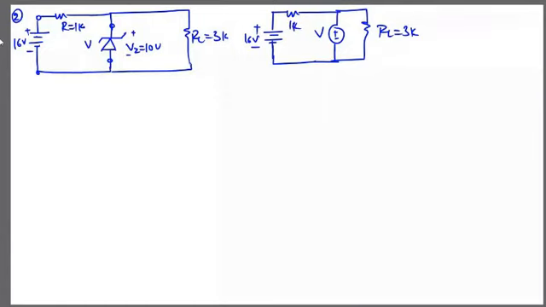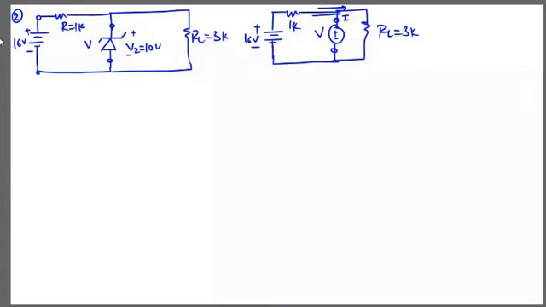Okay, so now we'll check the current I. This is open circuit actually. So if this is open circuit, this current I will be passing through both resistances.